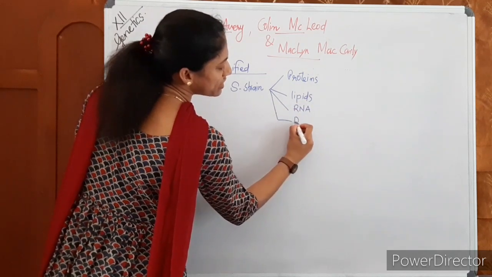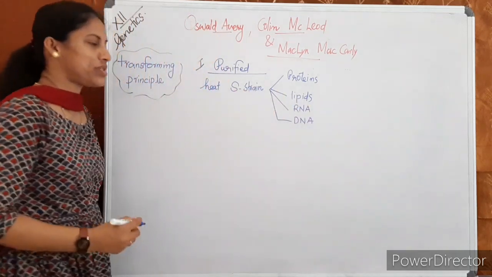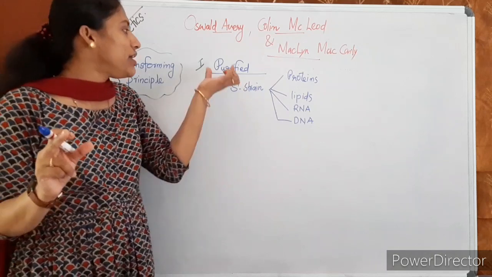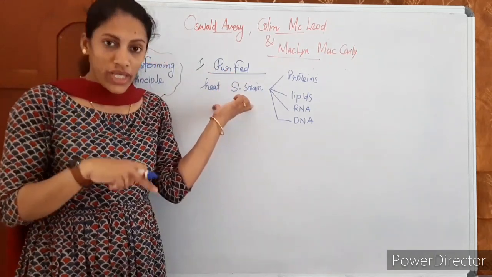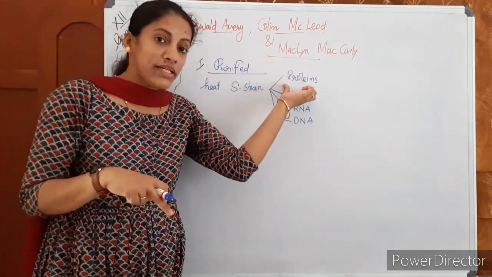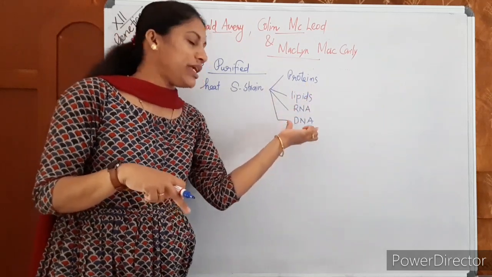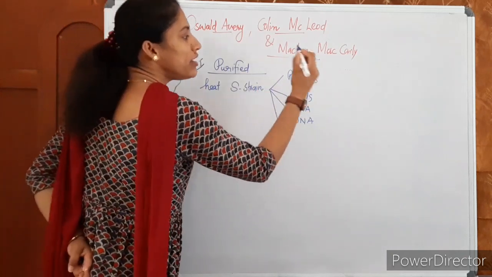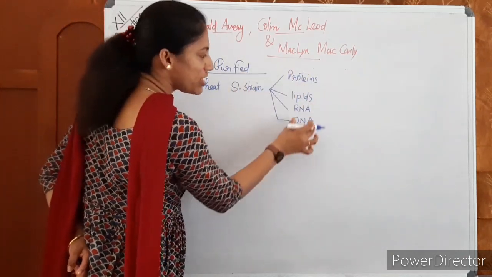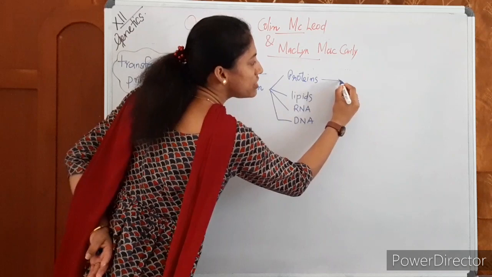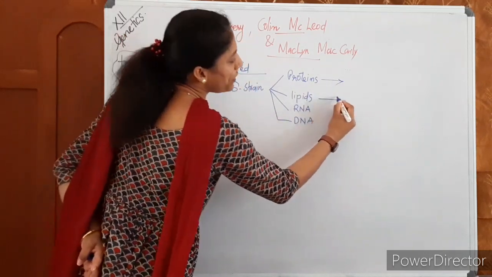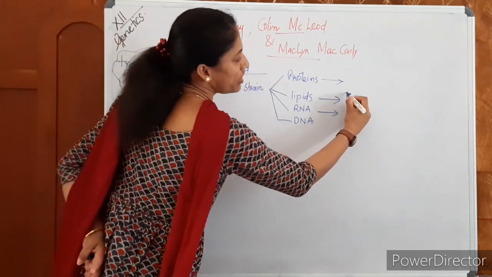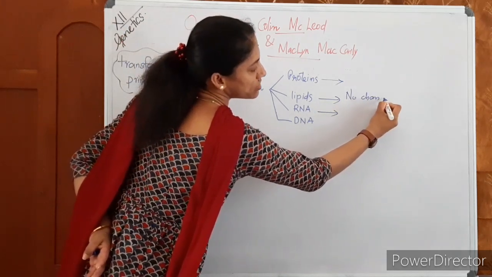Then the protein is injected to R strain, lipid is injected to R strain, RNA is injected to R strain, no change for R strain.